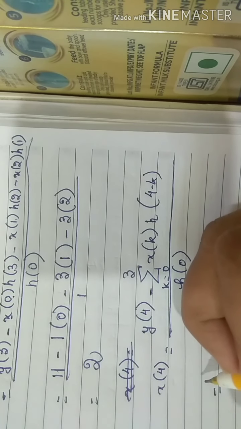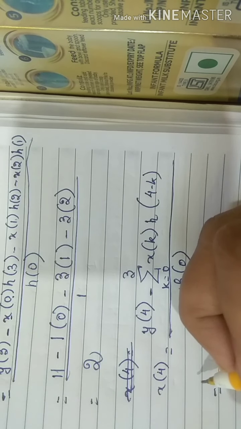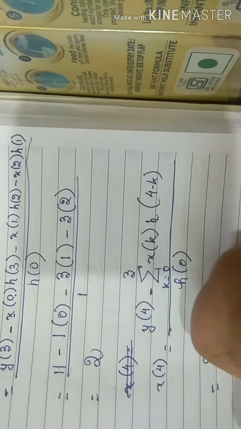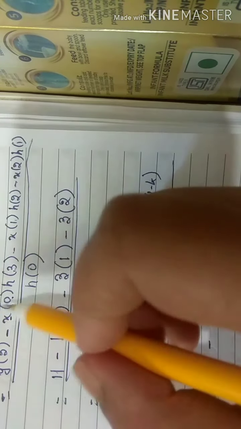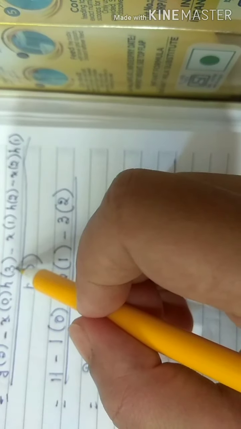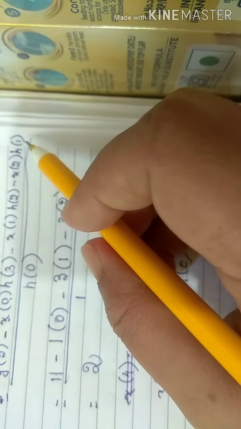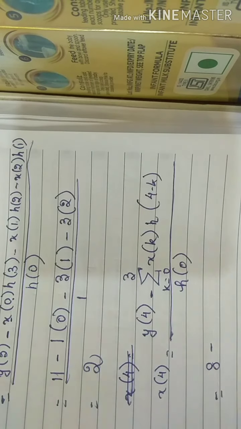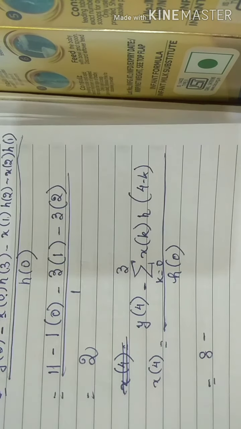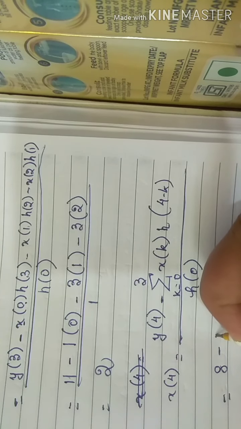Putting the values, y[4] is 8, minus x[0] h[4] minus x[1] h[3] minus x[2] h[2] minus x[3] h[1]. Because the impulse sequence consists of only 3 samples, the first value will be equal to 0.